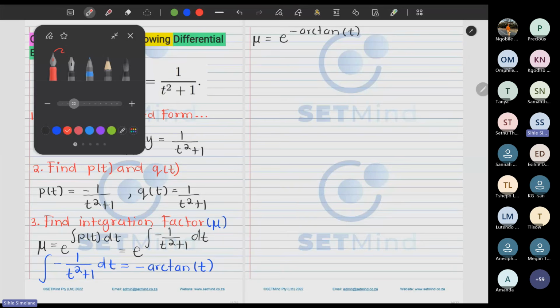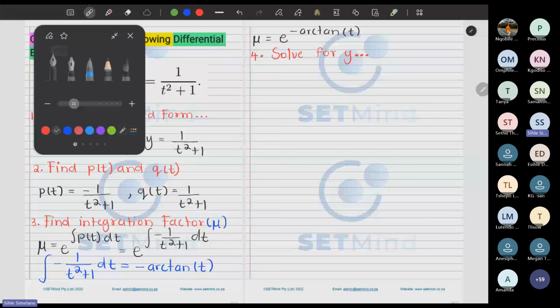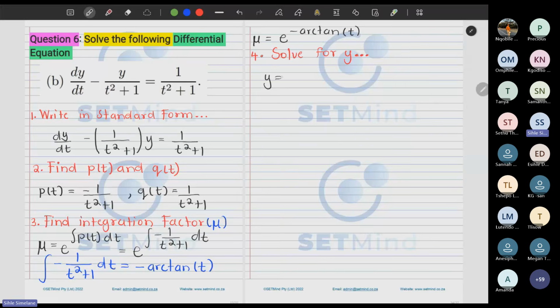So step number 4, we need to solve for y. So how do we solve for y? Well, we have an equation that we use, which is y is the integral of mu times q of t dt, all of this divided by mu.